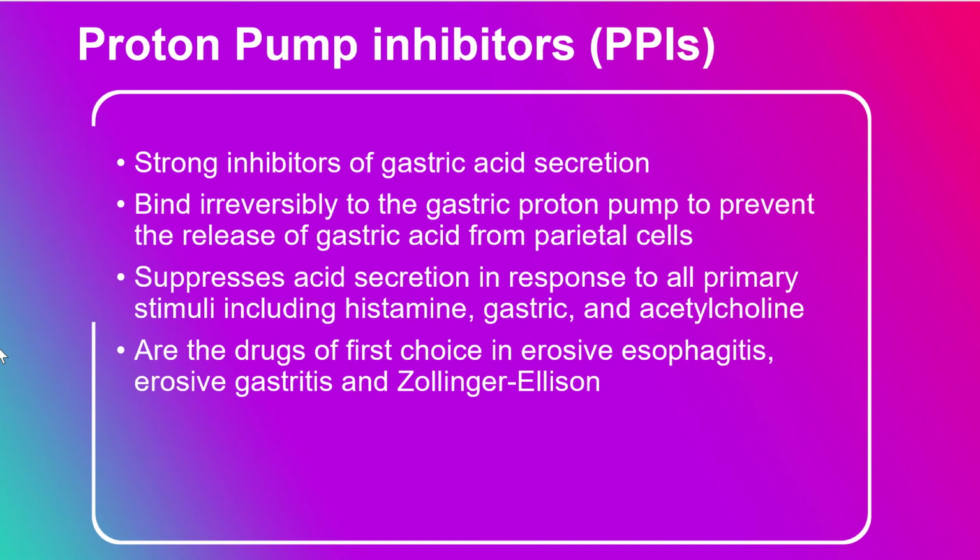They suppress acid secretion in response to all primary stimuli, including histamine, gastrin, and acetylcholine. They are the drugs of first choice in erosive esophagitis or erosive gastritis, or as we saw, Zollinger-Ellison.